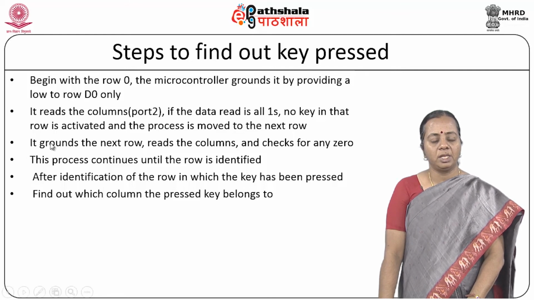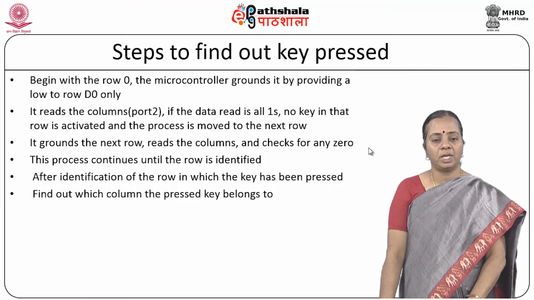If no key in that row is pressed, then I will be getting all 1s. Then I will go to the next row, it gets grounded, then I see whether anything is received. If any one bit is a 0, then we will understand that in that row only the key is getting pressed.